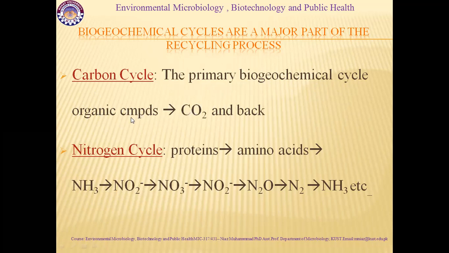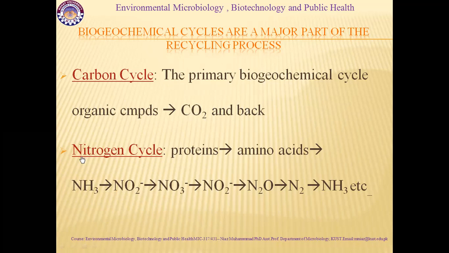When organic material dies, it goes into the environment where microorganisms decompose it. Carbon dioxide is produced and goes to the environment. Again, this is used to make organic molecules in the presence of sunlight.